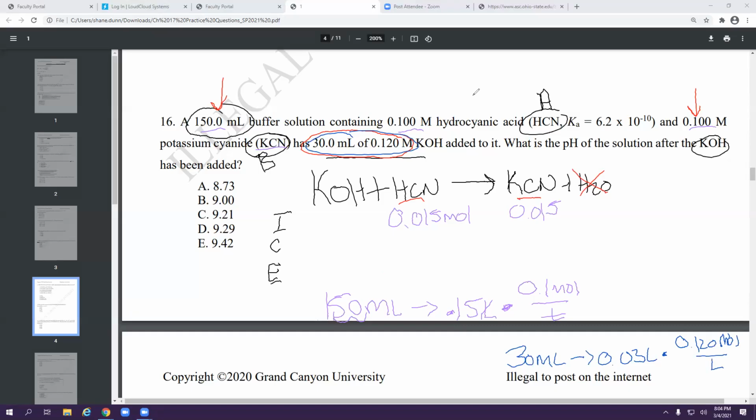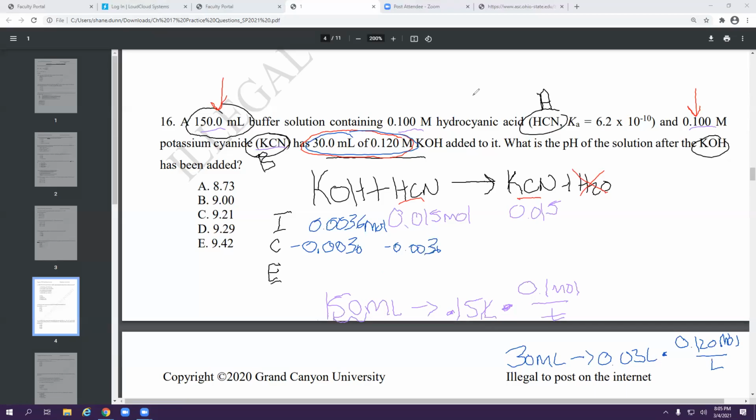And I got 0.0036. Everyone following along so far? Moles. Okay. The acid and base are going to react with each other. 0.0036 minus 0.0036.